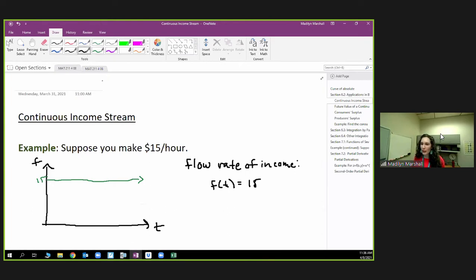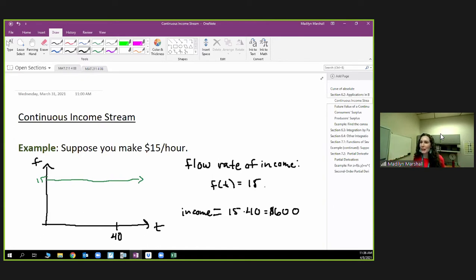So for example, if you work 40 hours, of course your income will equal 15 times 40, which will be 600. So we know how to do that. $15 an hour, 40 hours, we just multiply them.